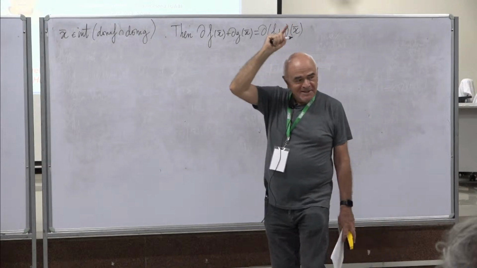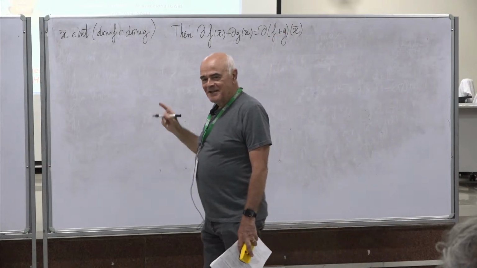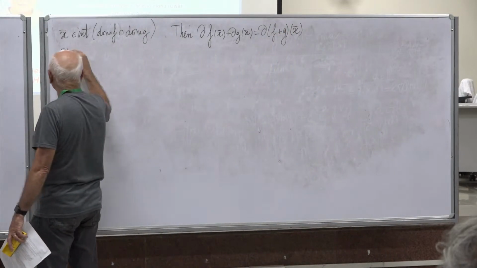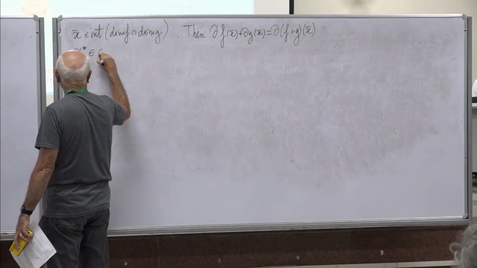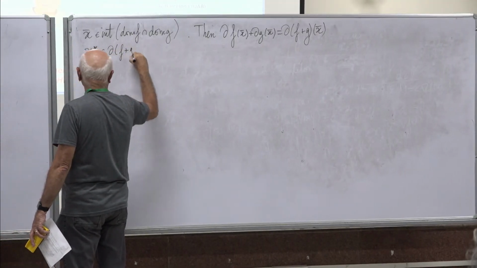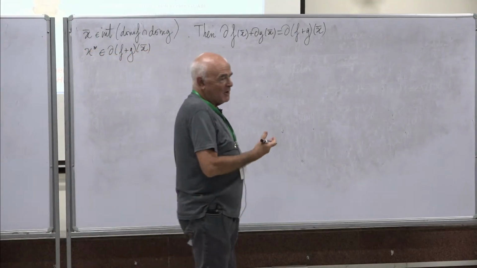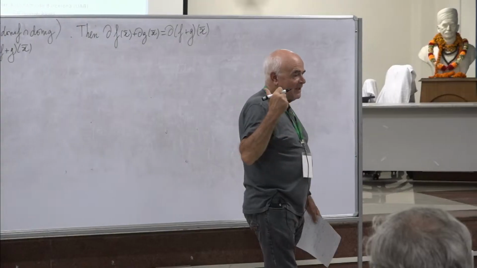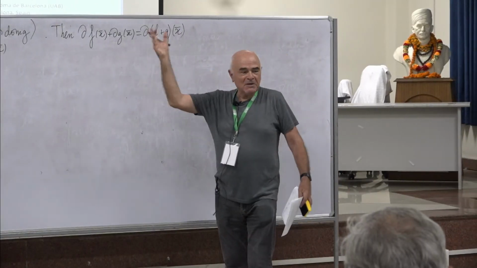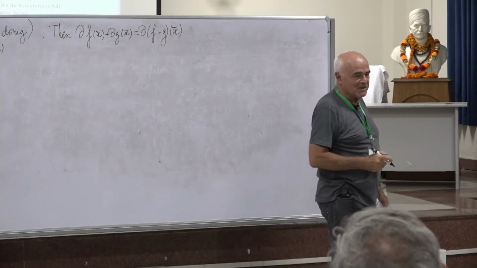So let x star be an element in the right-hand side. If you are worried about this, again, if the right-hand side is empty, the inclusion is automatically satisfied, okay?